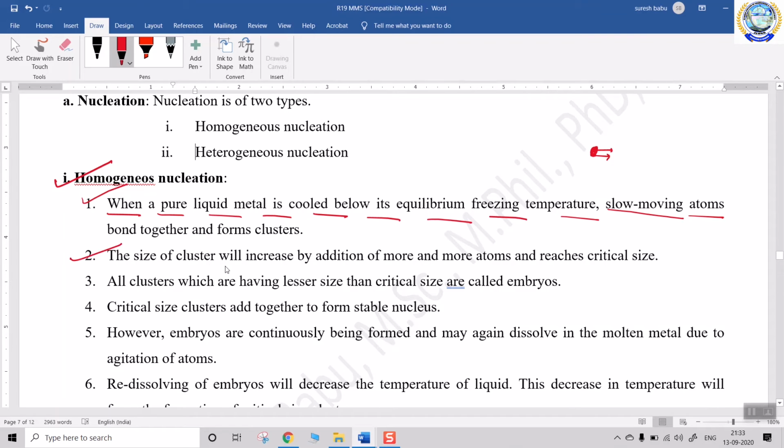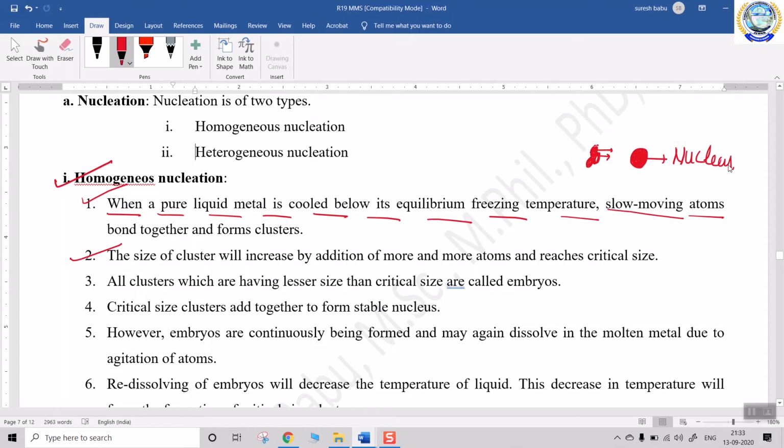The size of the cluster will increase by the addition of more and more atoms and reaches a critical size. That means these clusters will increase and add together to form a big solid particle, which you call a nucleus.